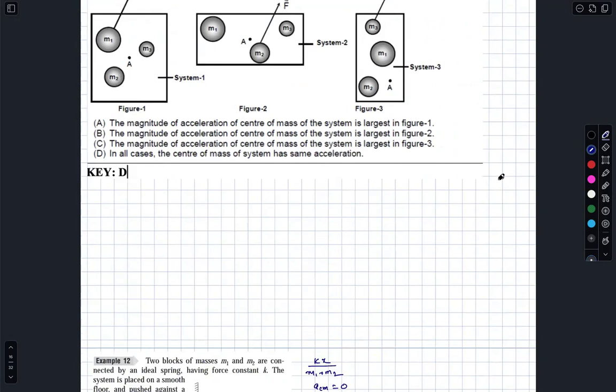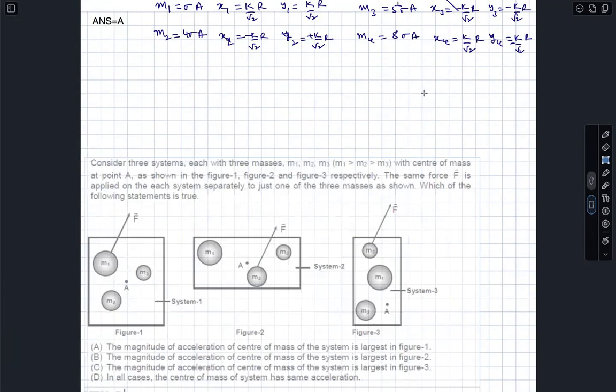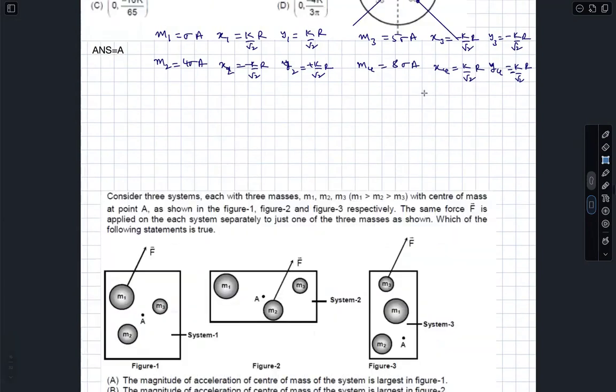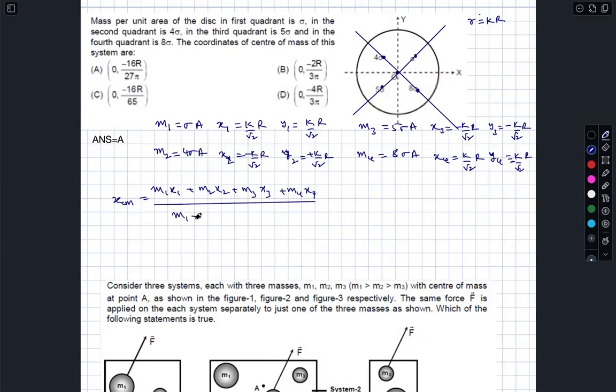Almost all the coordinates are available for me. One shot I can answer now: coordinates of center of mass of the system. So what is XCM? You know this formula: XCM is M1x1 plus M2x2 plus M3x3 plus M4x4 divided by M1 plus M2 plus M3 plus M4.